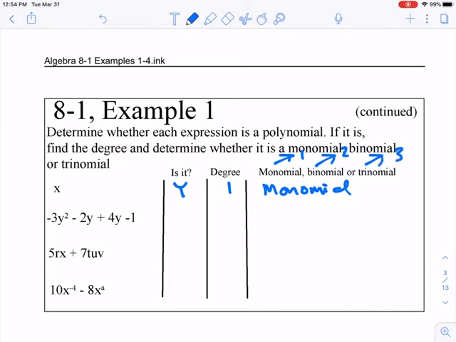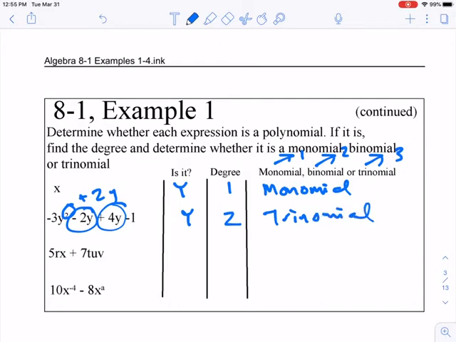This one right here, negative 3y squared minus 2y plus 4y minus 1. Those are all monomials being added and subtracted to each other, so it is a polynomial. The degree, the highest, is 2. And then you can combine your negative 2y and your 4y to be positive 2y. So you have a trinomial.